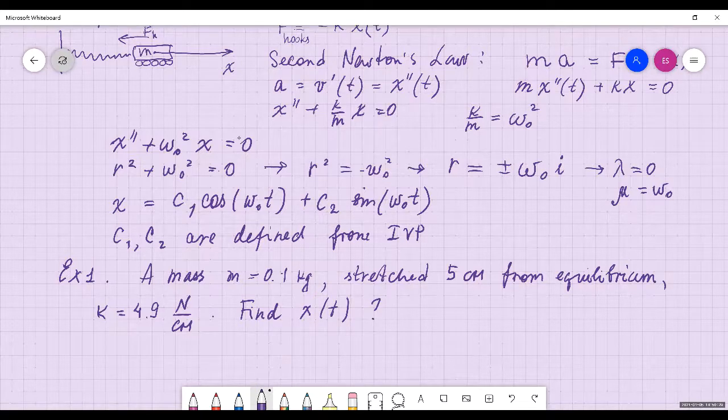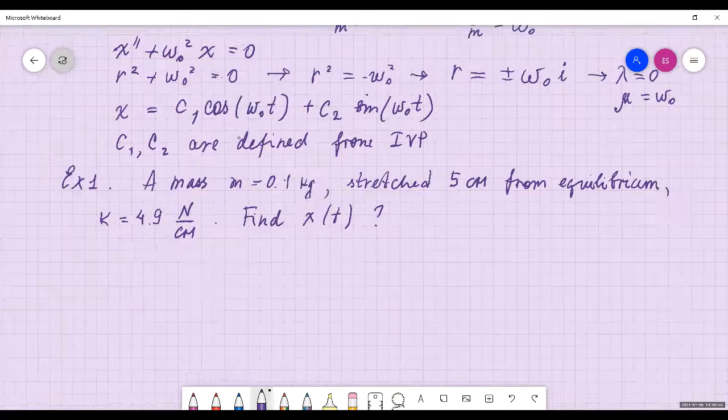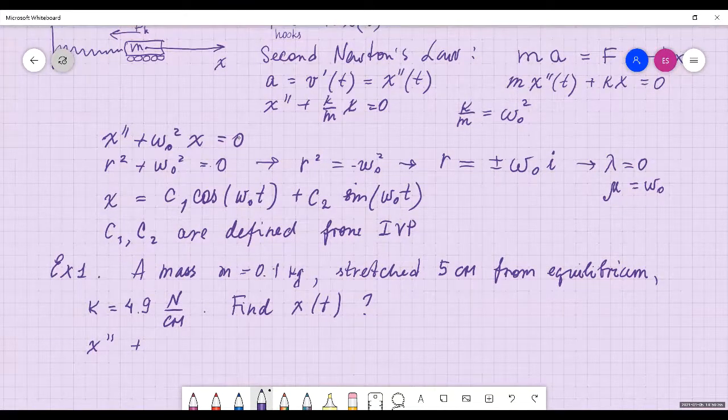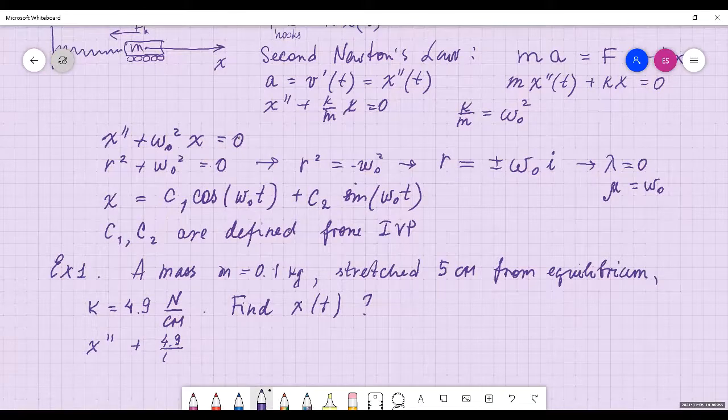So if we convert it into a differential equation, how is it going to look? Well, let's start with the equation itself. We do know the mass, we do know the stiffness of the spring, so I'm just going to write down the second derivative of x plus, let's go back, what is omega squared? Omega 0 squared is equal to k over m, so I'm going to copy my k, 4.9, over my m, 0.1, x equals 0.